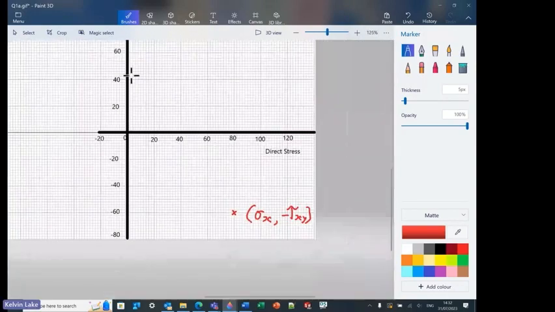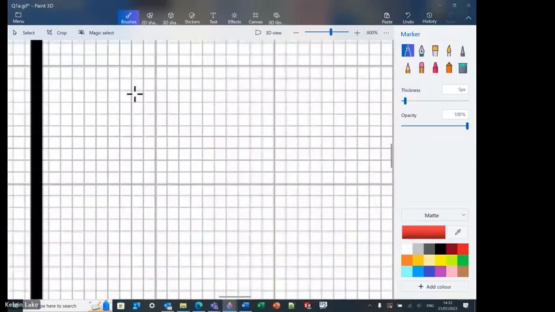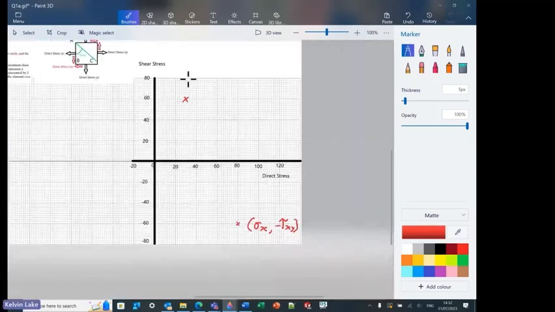So if we just zoom in here, 60 is going to be that line there, and 20, 2, 4, 6, 8, 10. It's going to be there, isn't it? Going to be that position there. It's going to be 30, 60. And that is sigma y and tau xy.